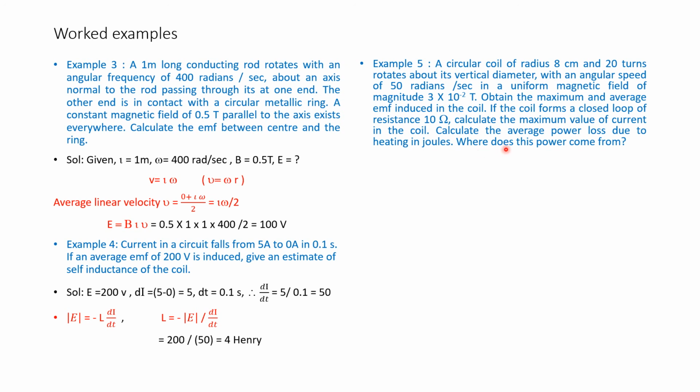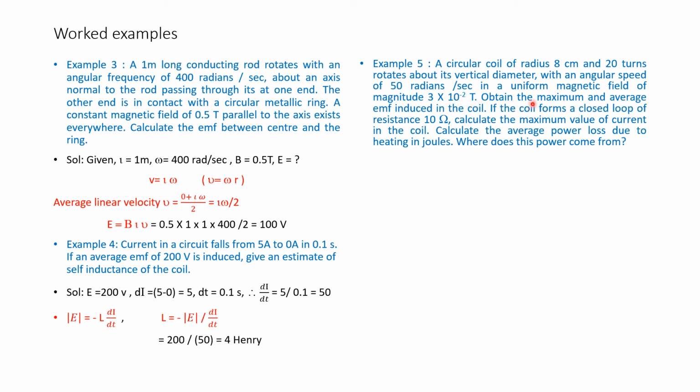Where does this power come from? These are the questions. So, please read the question once again. I will read it for you. A circular coil of radius 8 centimeters and 20 turns rotates about its vertical diameter with an angular speed of 50 radians per second in a uniform magnetic field of magnitude 3 into 10 to the power of minus 2 Tesla.